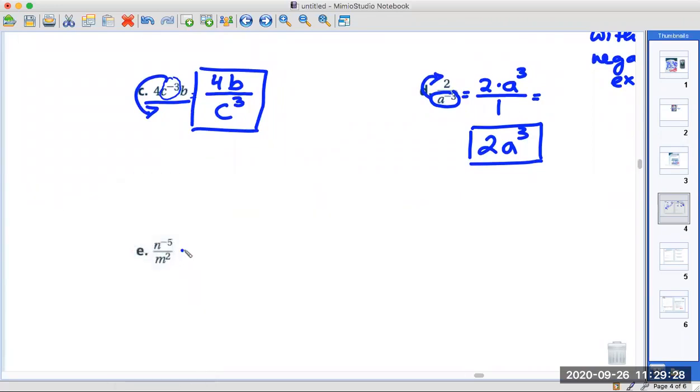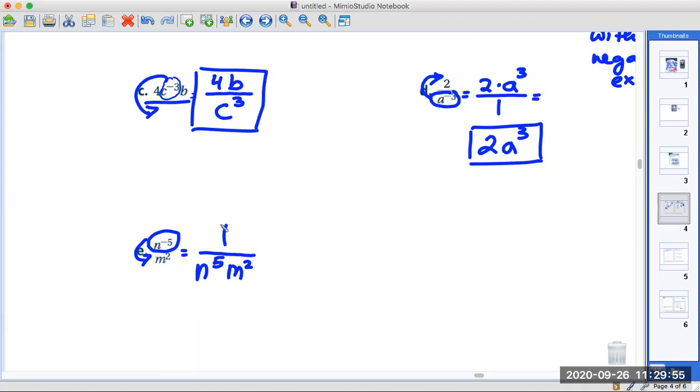All right, let's look. This is a good case of why I need the 1 in the numerator. The power of -5, that exponent needs to go to the bottom. If I move it to the bottom, I'm going to multiply it with what's already there, which is m squared, and now my 5 is positive. But what's left on the top has to be a 1, because this is a small number.